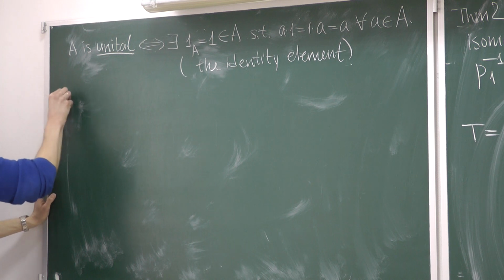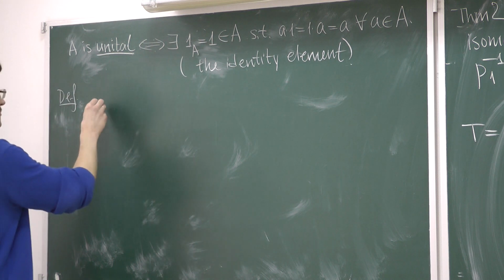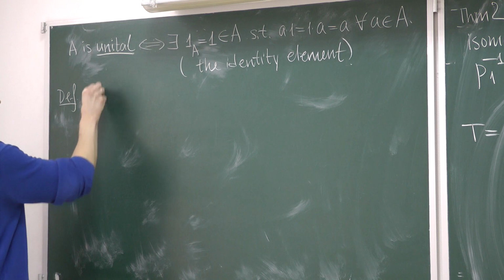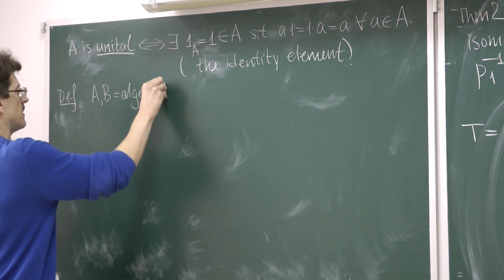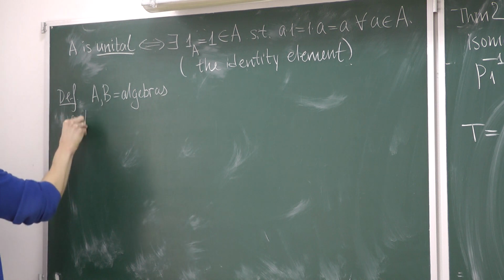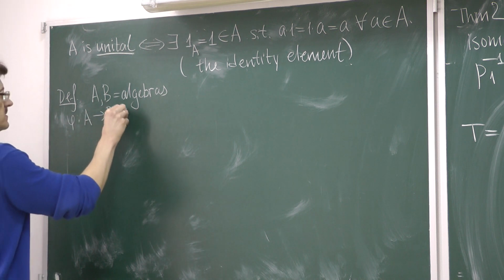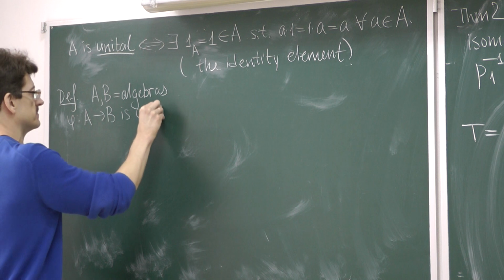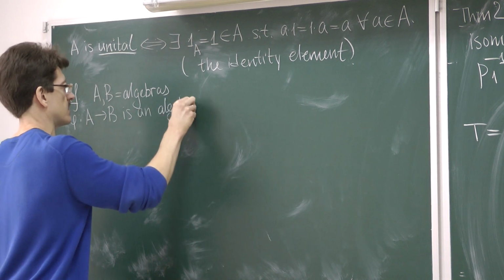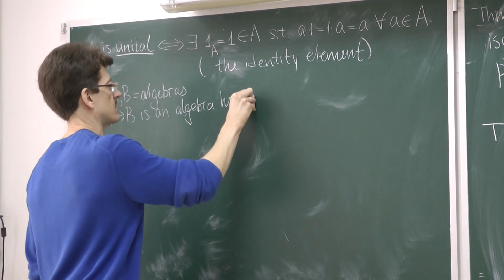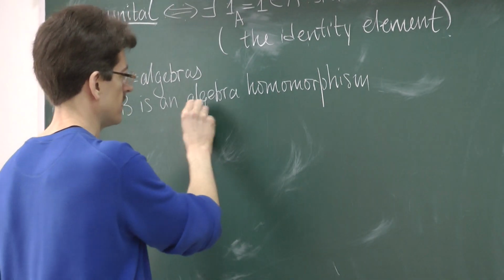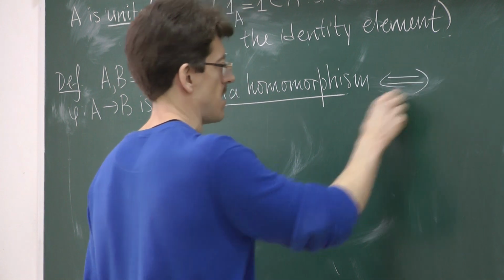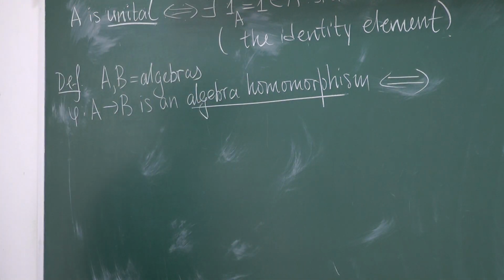One more definition. If we have two algebras A and B, then a map phi from A to B is an algebra homomorphism if it is a ring homomorphism and a linear operator at the same time.